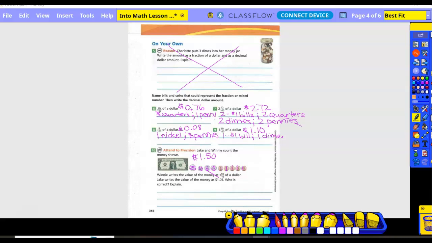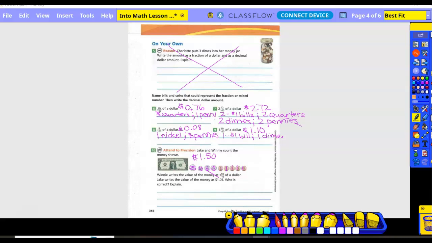So who is correct? We're just going to talk about it real quick. Who's correct? Is Winnie right? No. Is Jake right? No. So are either of them correct? No. Okay. So neither one of them is correct. Why is Winnie not correct? What did she forget to do? She said out of tenths, and it needs to be out of hundredths, right?